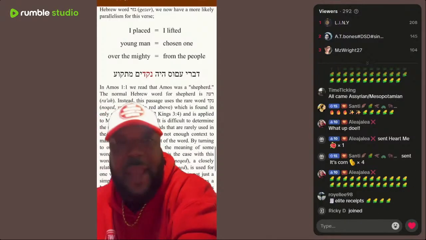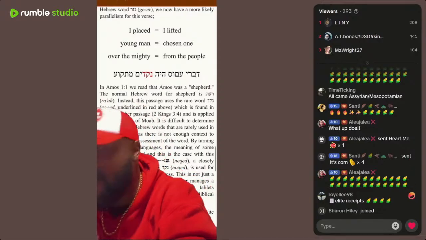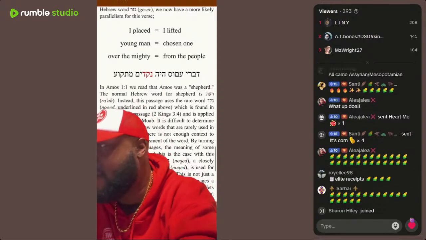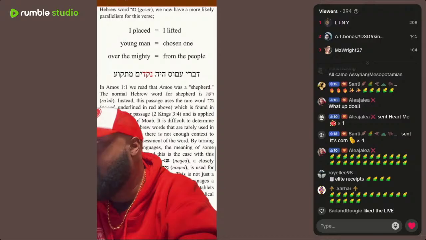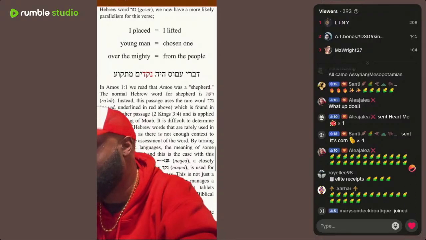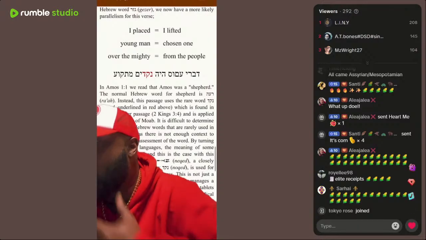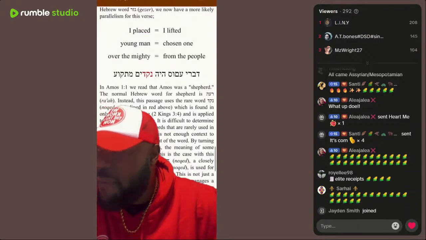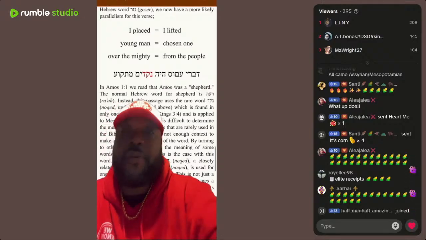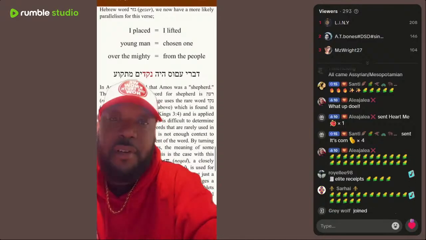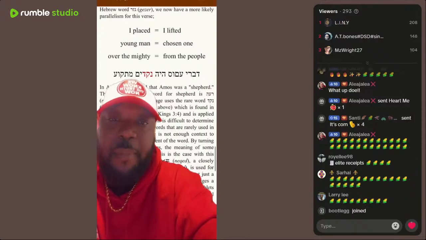Same spelling, same sound, just one letter change, right? Now, noqued in Hebrew is a sheep raiser, sheep master, a shepherd, people. A shepherd. A shepherd in paleo, right?